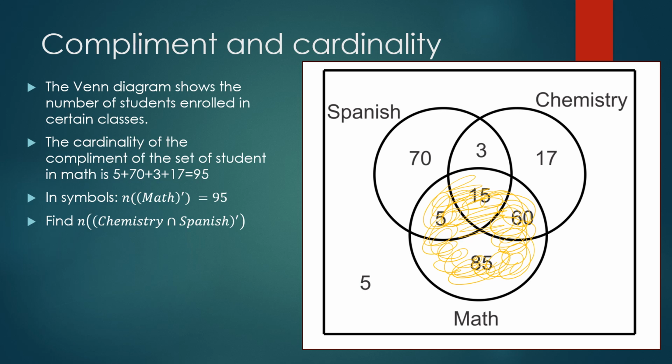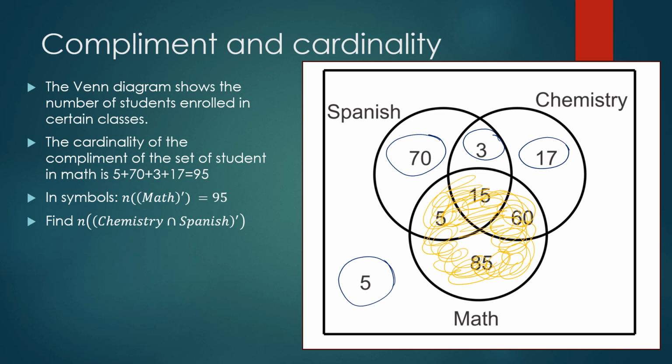That means we're looking at this piece, this piece, this piece, and the 5 students that are doing none of those 3 classes. This is how we get the cardinality of the complement of math. 5 plus 70 plus 3 plus 17 gives us a total of 95. In this example, 95 students is the number of students in the complement of those taking math.